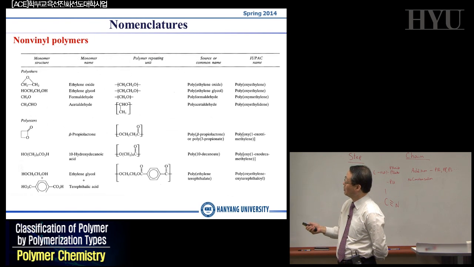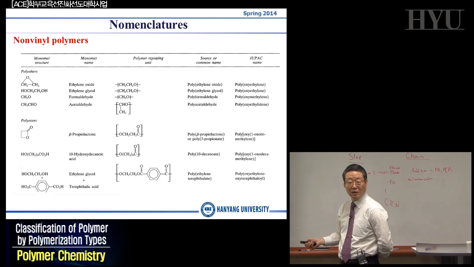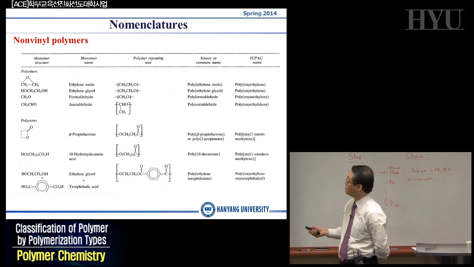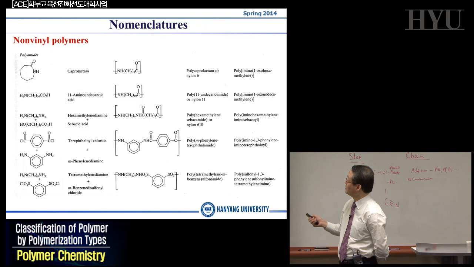Ethylene oxide, polyethylene oxide, polyethylene glycol, formaldehyde, acetaldehyde, and stuff like that. Those are very important products. This is PET, polyethylene terephthalate. Caprolactam becomes nylon 6.